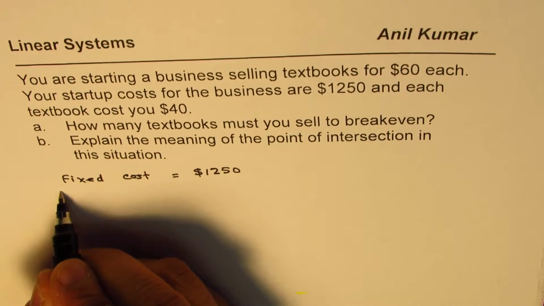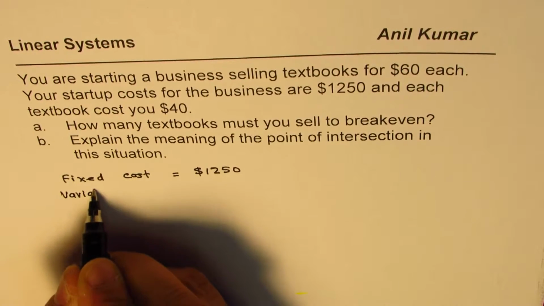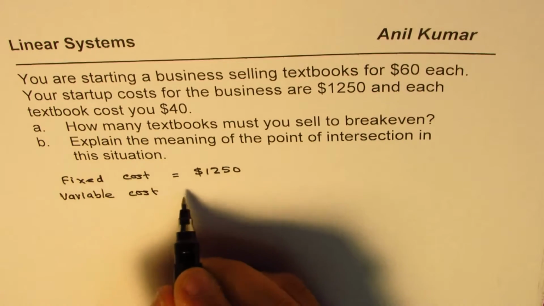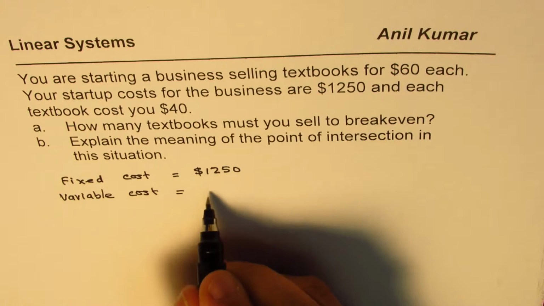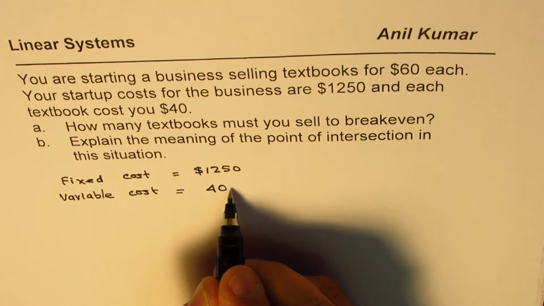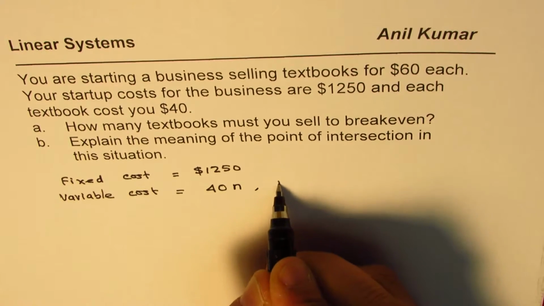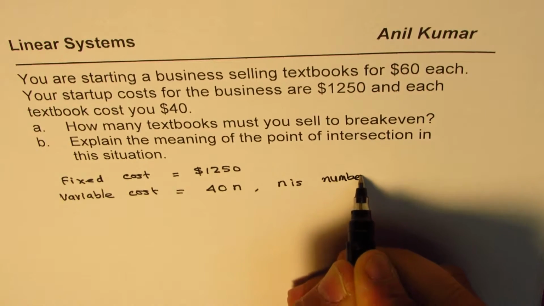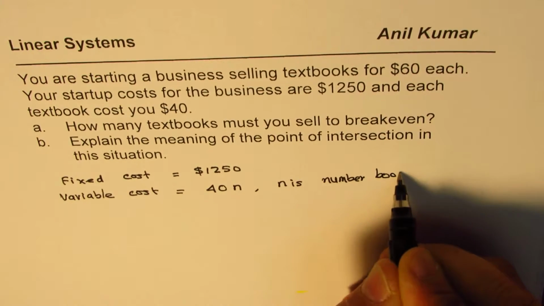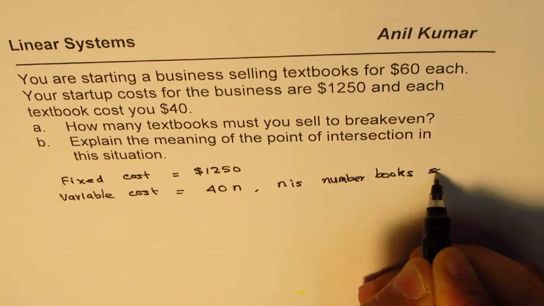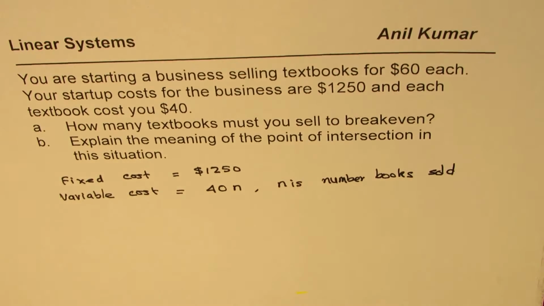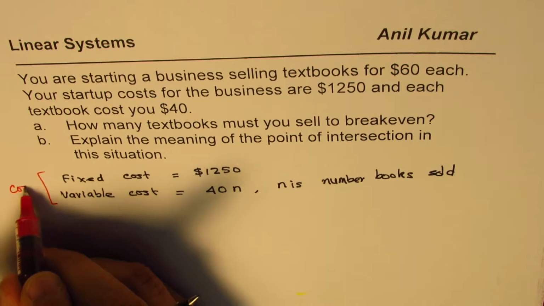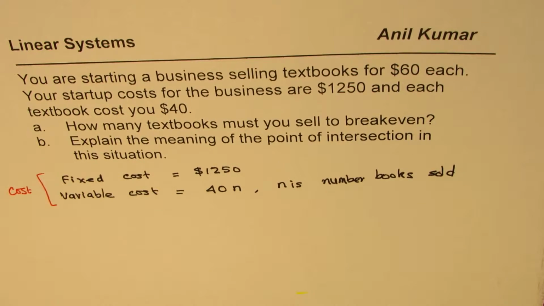So we have a variable cost, let's say, which is based on the number of books sold, which we could write as 40 times n, where n is the number of books sold, right? So that is the cost which you incur in this particular case. So this is all about cost.